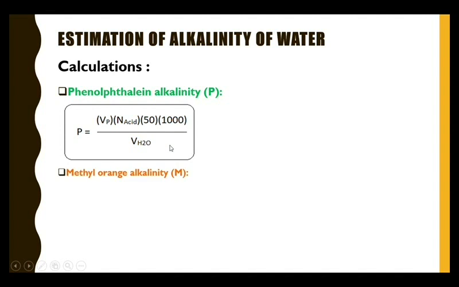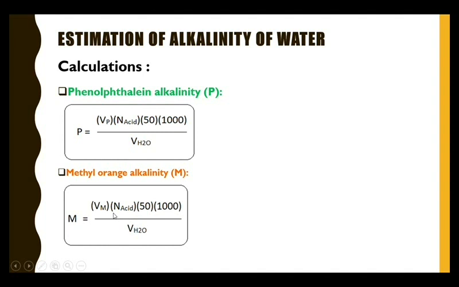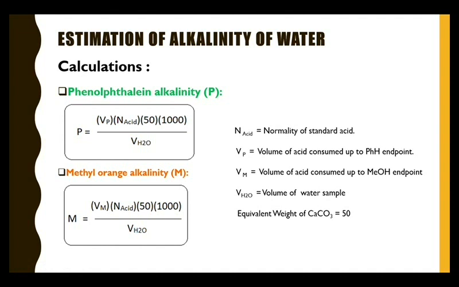The other is methyl orange alkalinity, and it is calculated using this formula. Here V is the volume of acid consumed up to the methyl orange endpoint, N is the normality of the acid, 50 is the calcium carbonate equivalent, and V_H2O is the volume of the water sample.